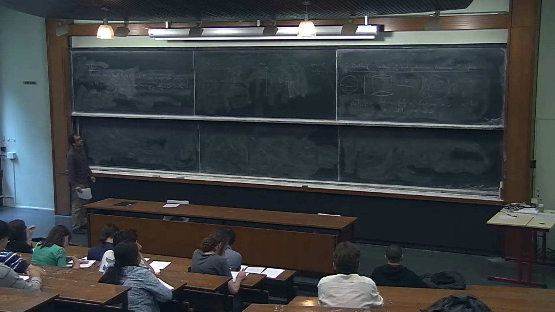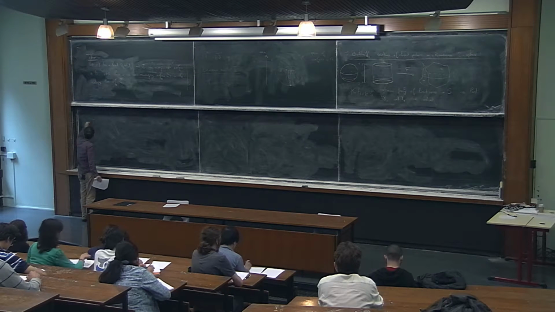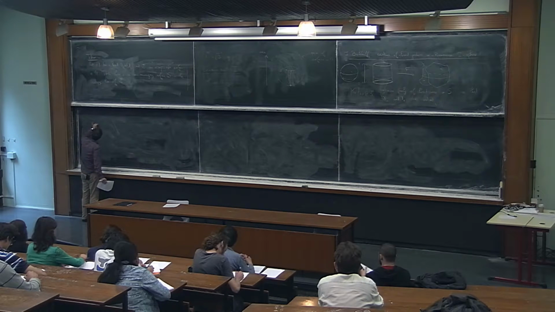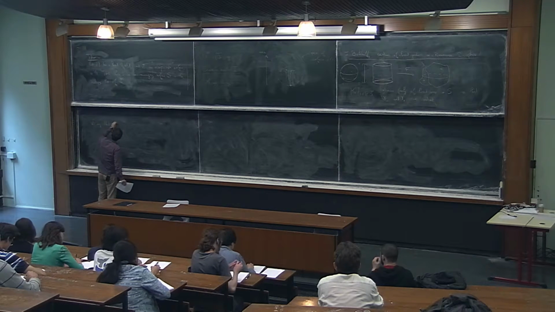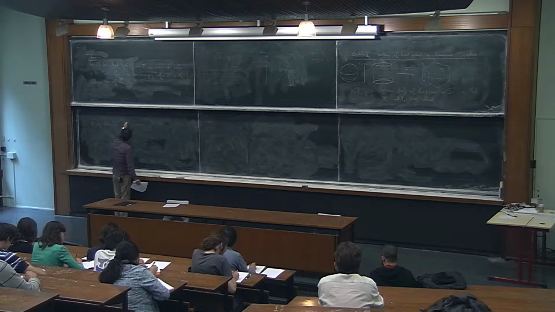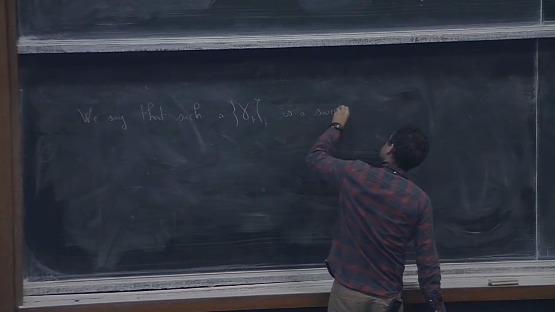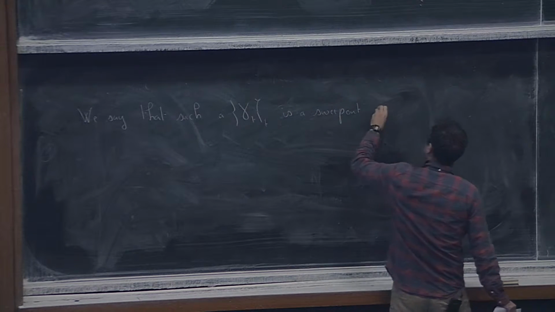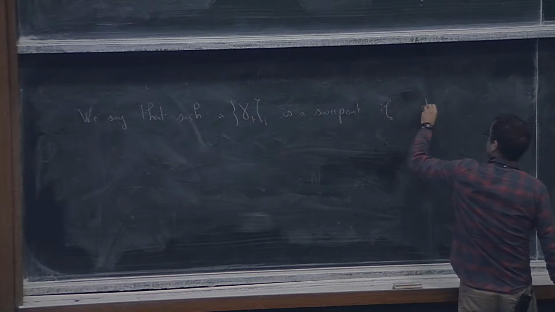Okay. And so Birkhoff says, okay, we say that such a gamma t, so such a family, is a sweep out if the map F has degree equal to 1.